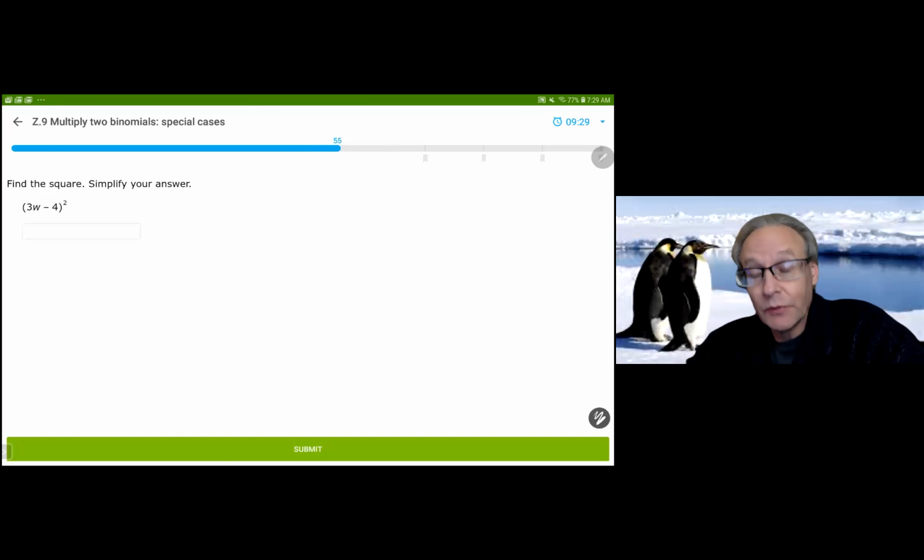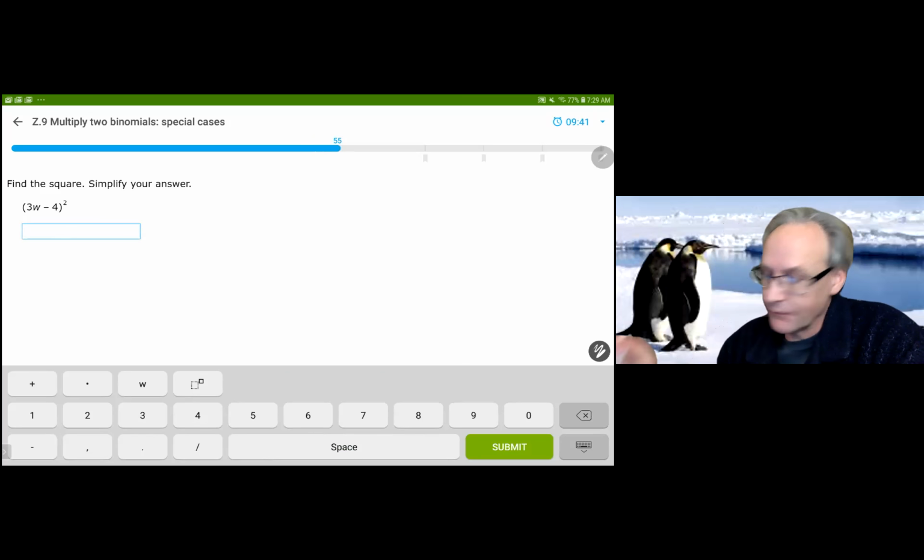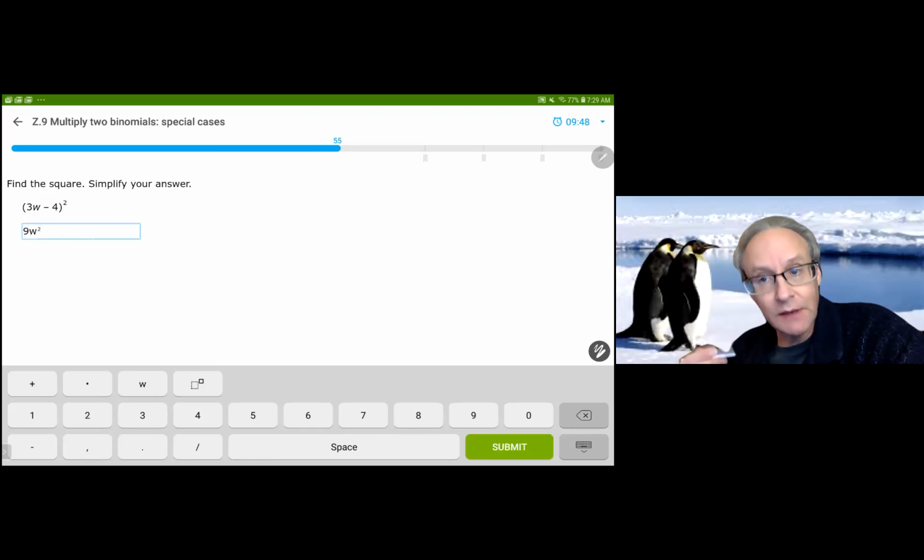Now this time, remember, we are talking about a perfect square trinomial. A square always has a middle term. Don't forget, you cannot distribute the square. You're going to be tempted to. I promise, everybody's tempted. 9w squared. Now our middle term is going to be double the product.